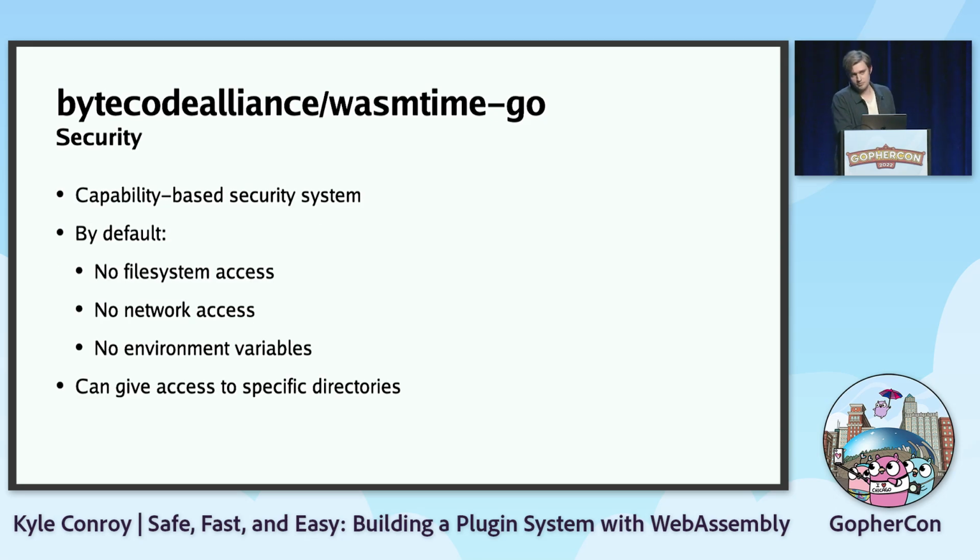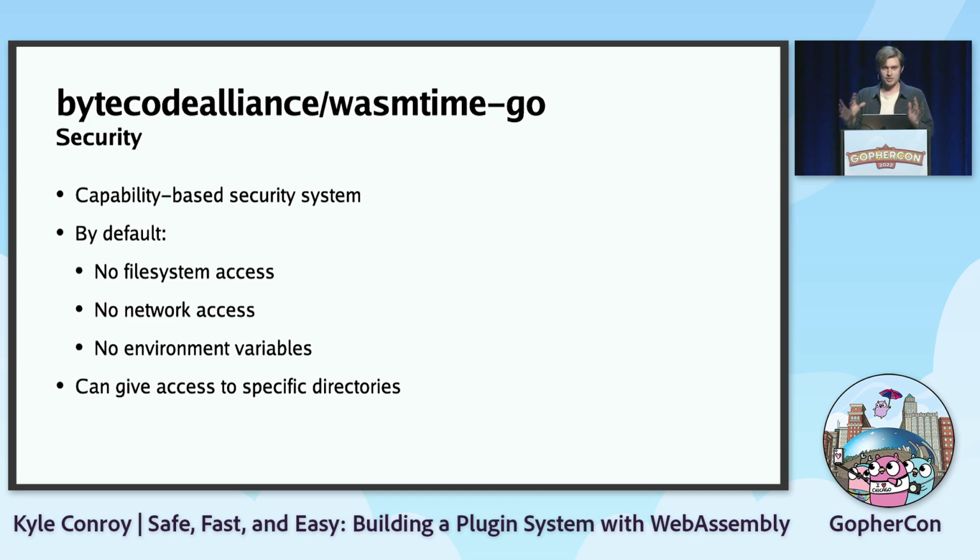This is, I think, kind of new, at least it was pretty new to me. I'm used to Go, where a Go program can kind of just do whatever it wants as long as the host lets it. But in wasmtime, it's the inverse. Your code can literally not access anything external by default. There's no file system access, there's no network access, and there's no environment variable access, right?